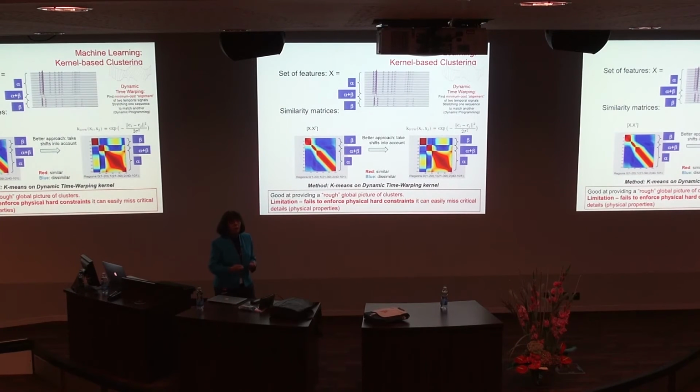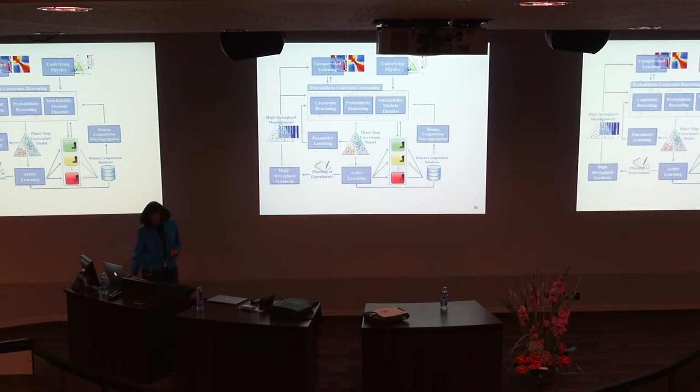You need to impose the prior knowledge and the physics of the domains. So that has been a big thing for us, and I think we can really advance the state of the art by doing this. So this is to solve this problem.